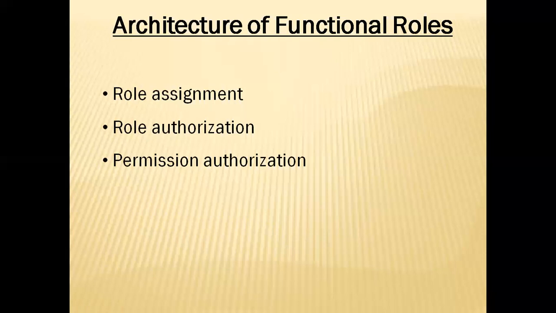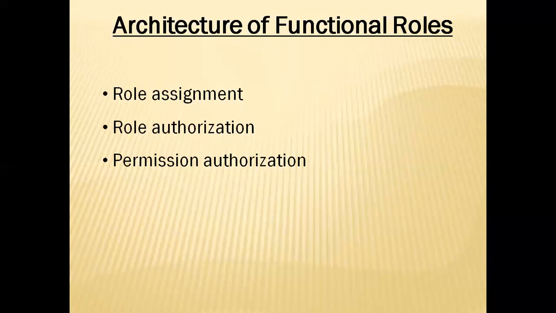Then comes the role authorization. A user's active role, this is very important, must be authorized for the user with the rule of role assignment. This rule ensures that users can take on roles for which they are authorized. So it's not only that your role has been assigned. Once you enter the system, you need authorization to access information. That is what is called role authorization. Then comes the permission authorization.